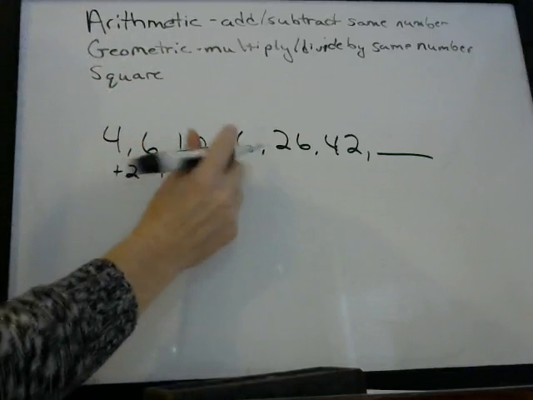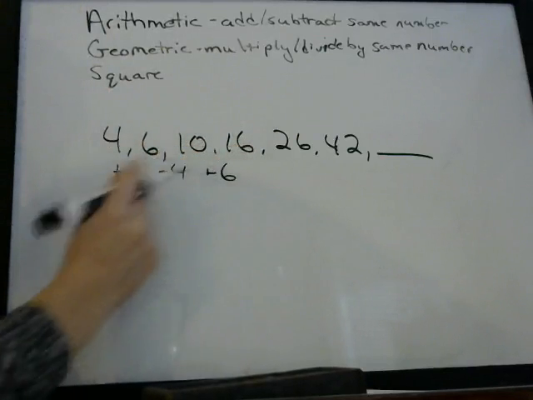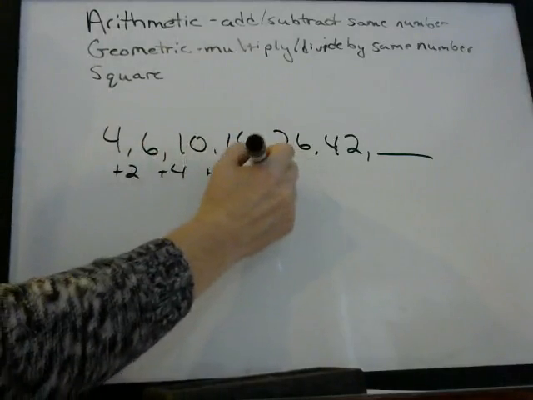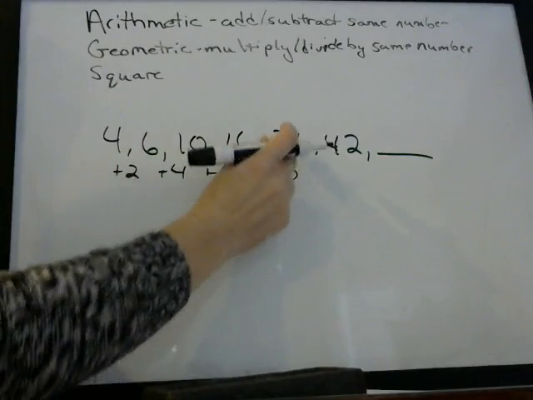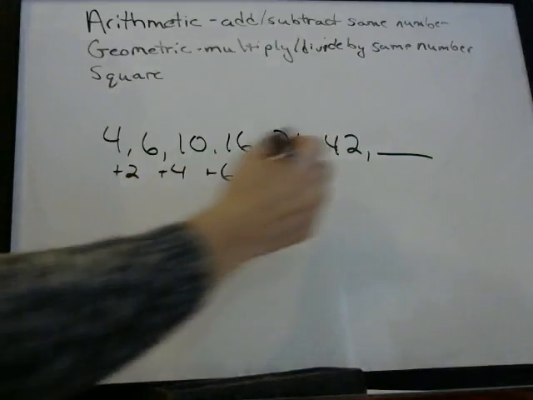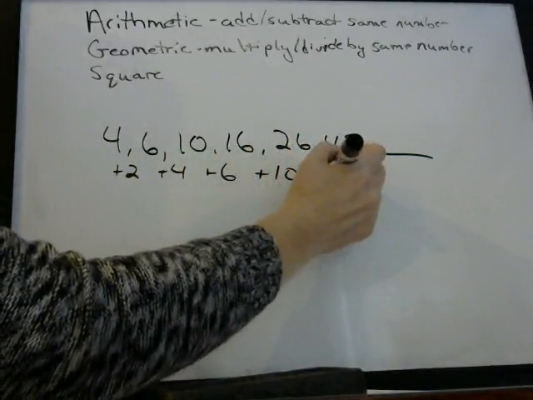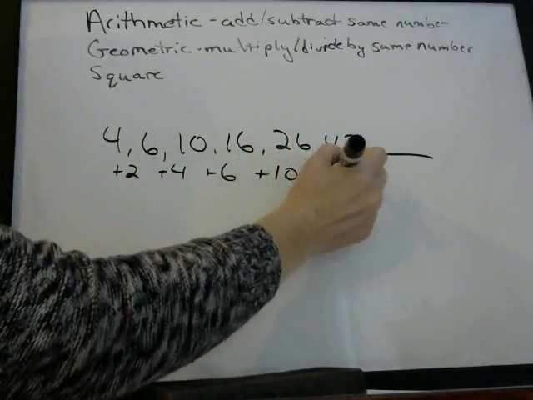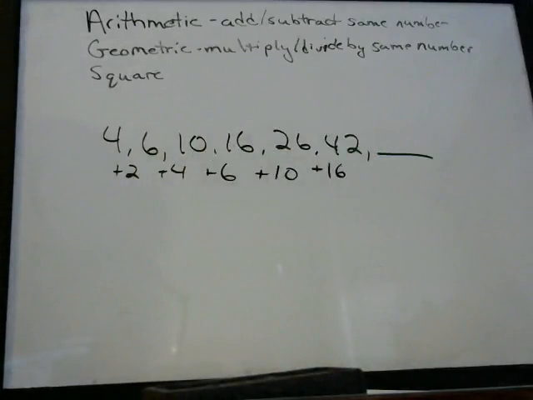To go from 10 to 16, we're adding 6. Looks like a pattern, but now to go from 16 to 26, we're adding 10. Then to go from 26 to 42, we're adding, what is that, 16? So it's not really a pattern.